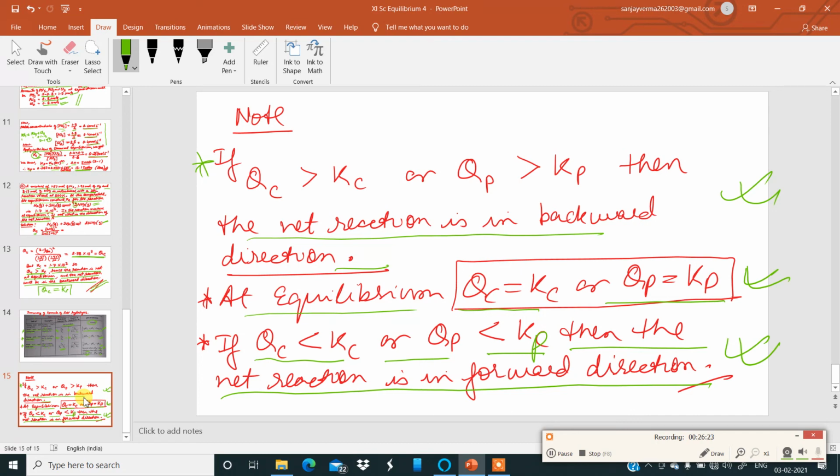Then we go to buffer solutions: acid buffer, basic buffer, and pH of buffer solutions. Then the concept of solubility product, the difference between solubility product and ionic product, the criteria for precipitation of electrolytes, and a general relationship between solubility and solubility product.